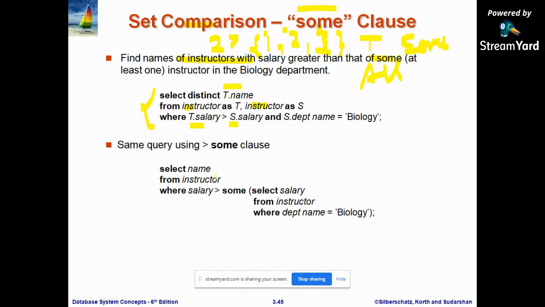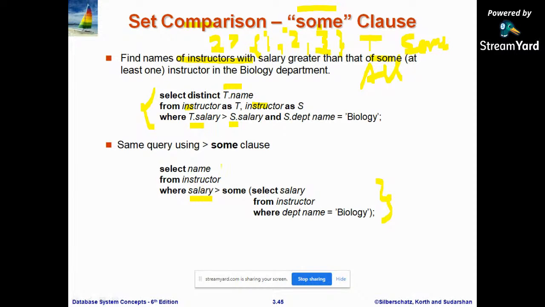The same query can be written with the some clause. You have to compare salary greater than some, and this subquery is giving you all the salaries of the biology department. So if this salary is greater than some of this set, then it will give you the output.